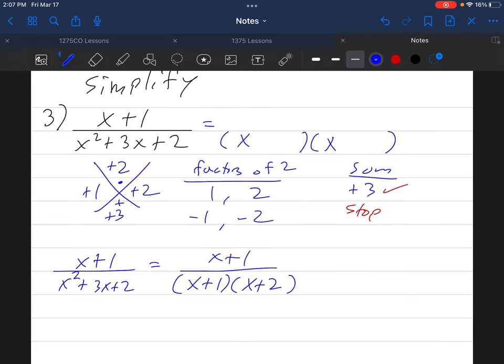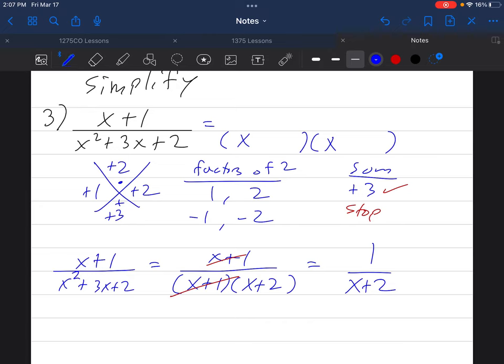So that's factoring. Again, factoring maintains equivalency. And writing this into factored form allows us to identify how to cancel and what to cancel exactly. And our reduced fraction is equal to 1 over x plus 2.